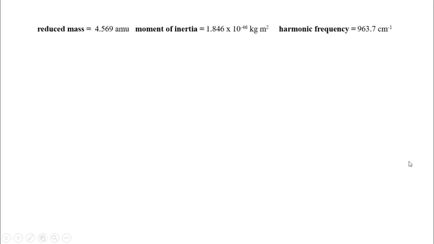So, now we have found the reduced mass, we have found the moment of inertia, and we have also calculated the harmonic frequency. So, the energy for the rotational levels for vibrational level equals 0 is given by E 0 comma j, that can be written as 481.9, because V equals 0. So, we have found out nu bar.